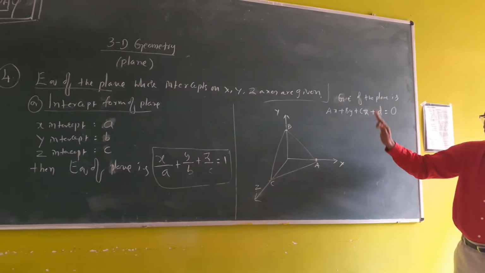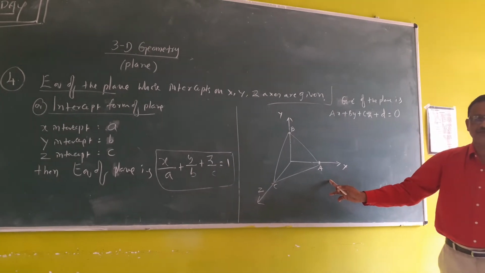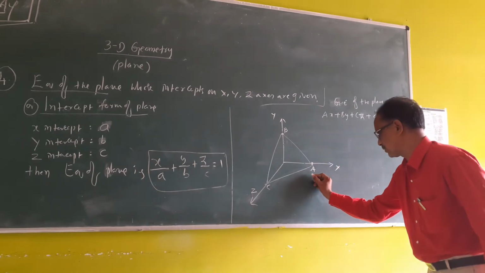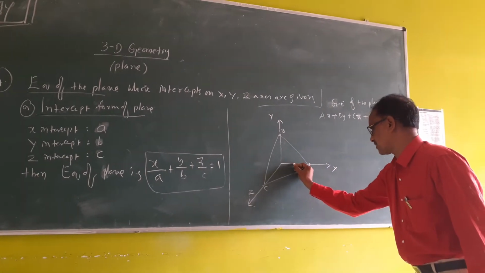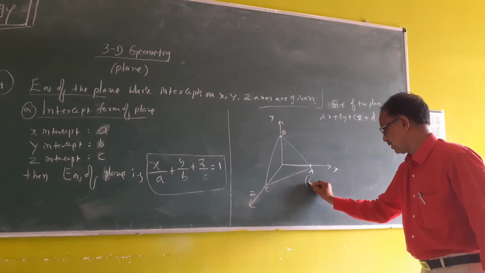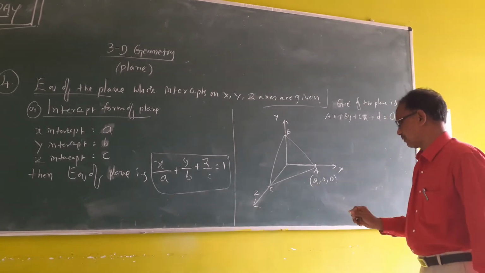So this plane is intersecting the x-axis, y-axis and z-axis. What are the coordinates of these points? This intercept is a, so the point is (a, 0, 0).